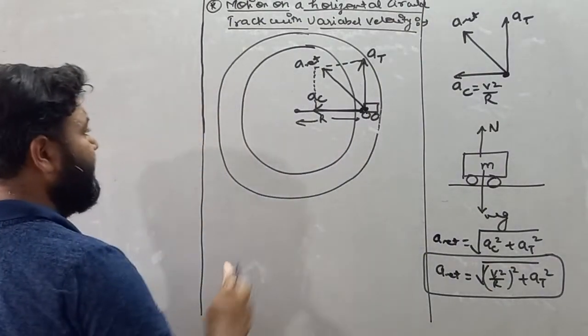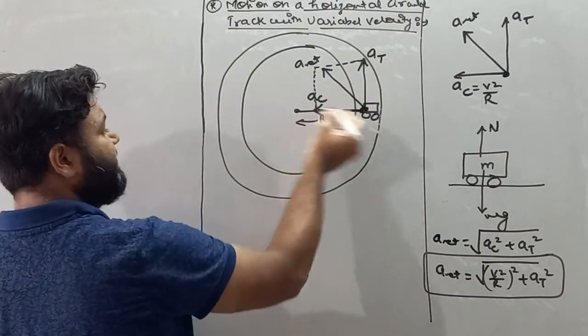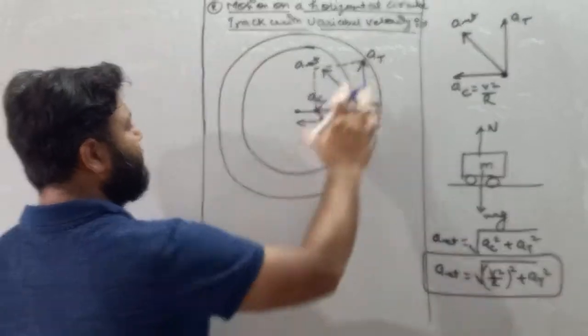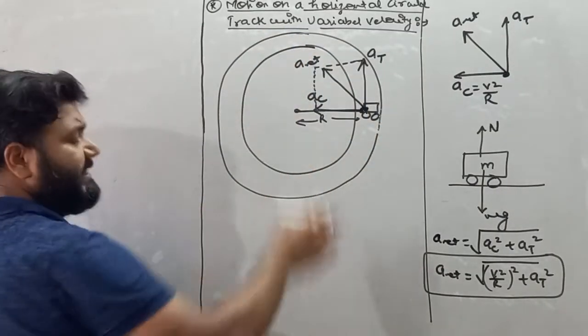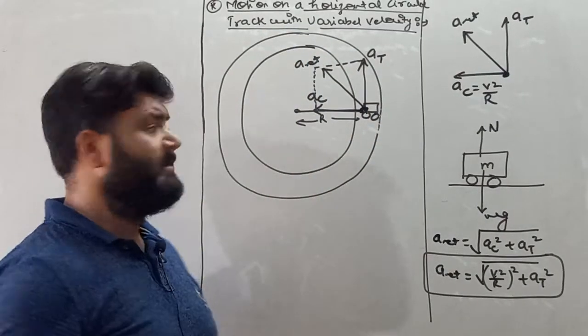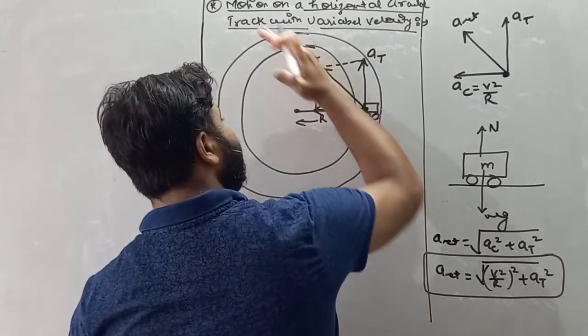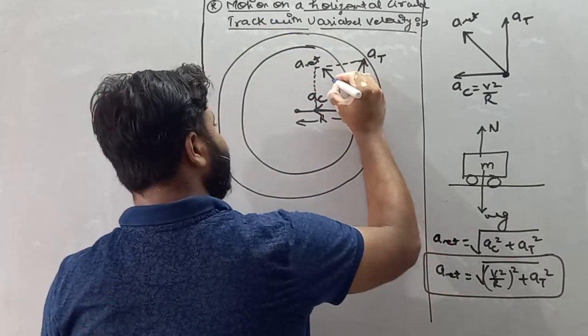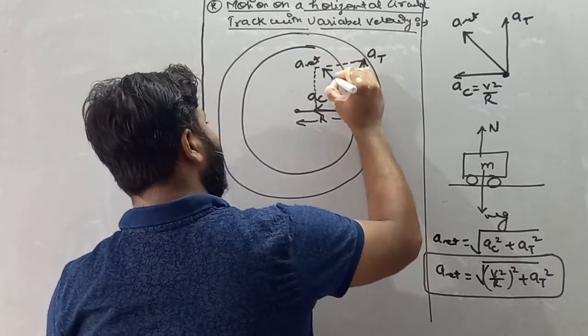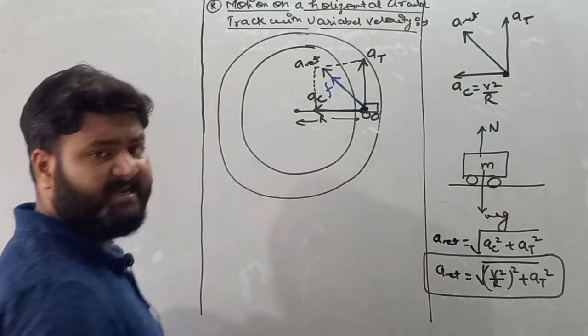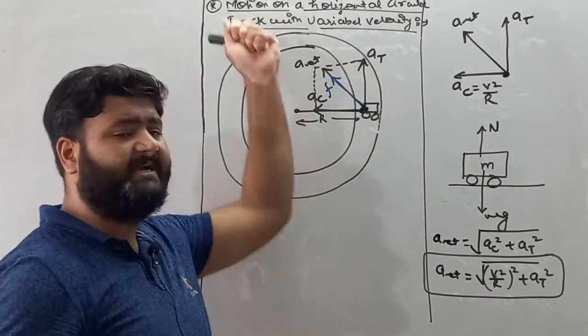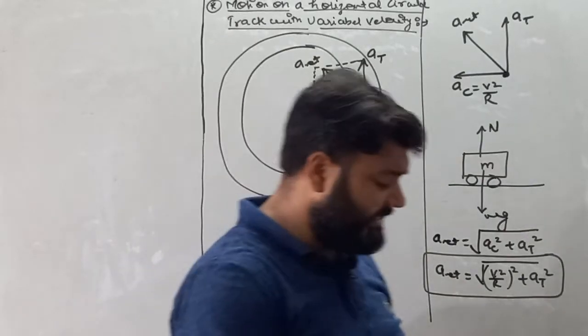Now see, my dear student, we have one tangential acceleration, one centripetal acceleration. Between them will make resultant acceleration or net acceleration. So the direction of net acceleration is in this side. So force of friction is always towards the direction of acceleration. So friction also acts towards the direction of net acceleration.